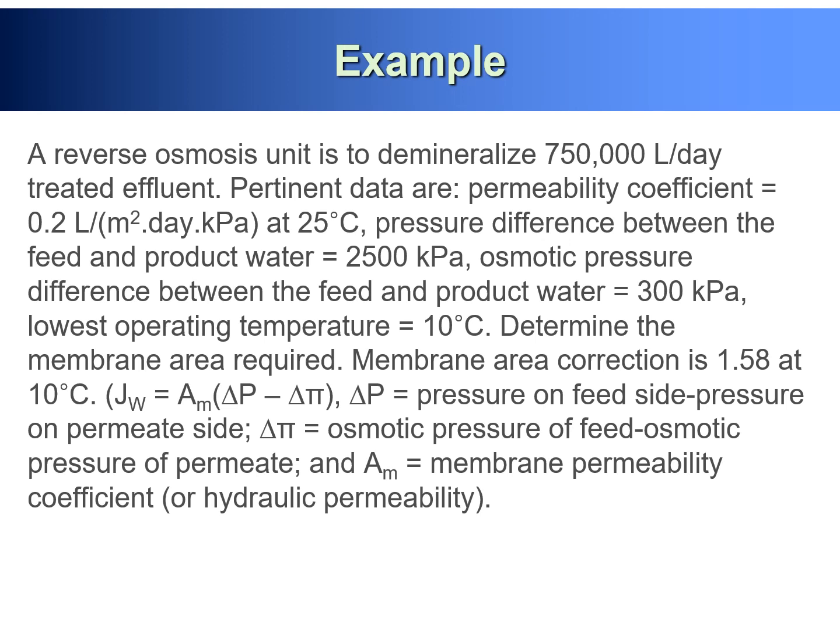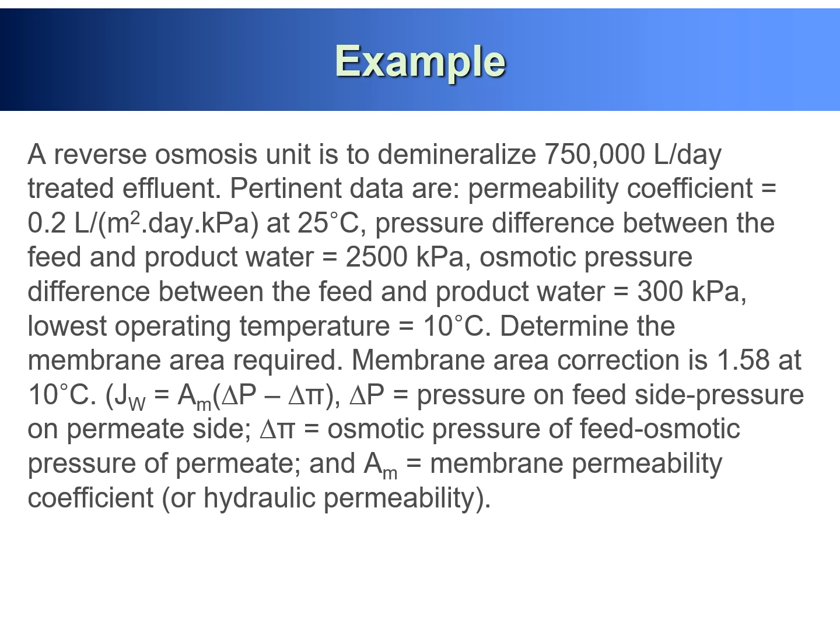So let's have one example. An RO unit is to demineralize 750,000 liters per day of treated effluent, and the pertinent data are: permeability coefficient 0.2 liter per square meter per day per kilopascal at 25 degrees. Pressure difference between the feed and product water is 2500 kilopascal, 25 bar. And osmotic pressure difference between the feed and product water is 300 kilopascal.